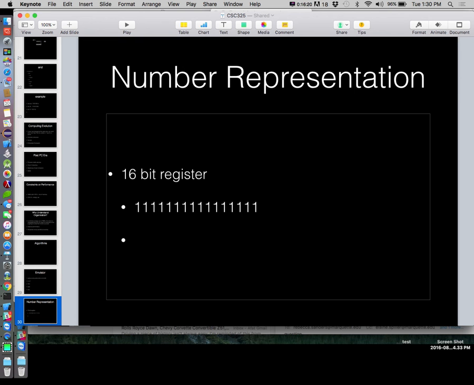Now, if I want to convert that, so that's binary. So we'll put a little b after that. Now, we've already said this is 65,535 from that. Now, how did we get that?